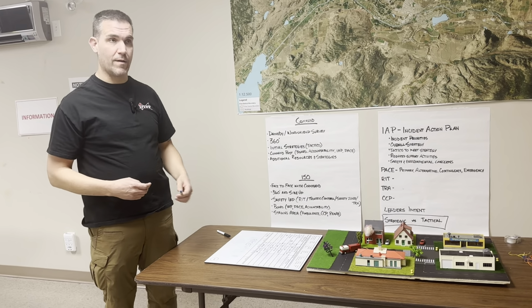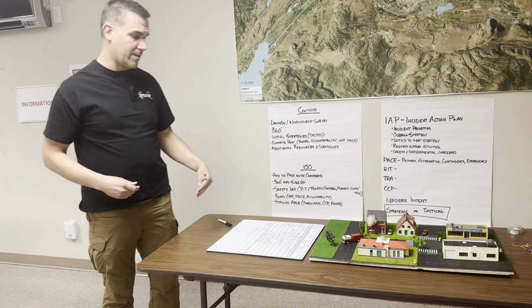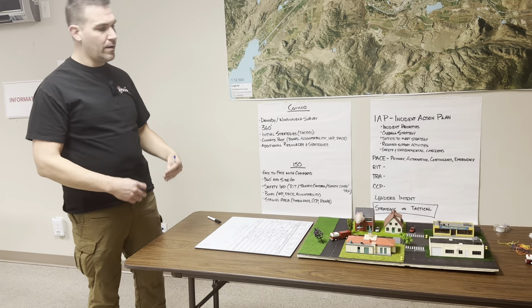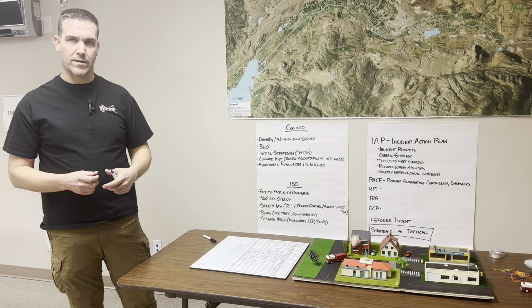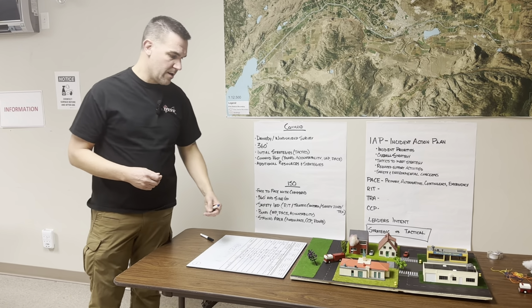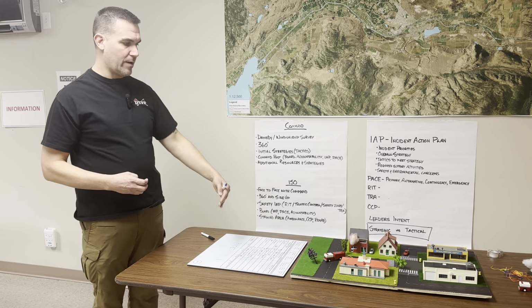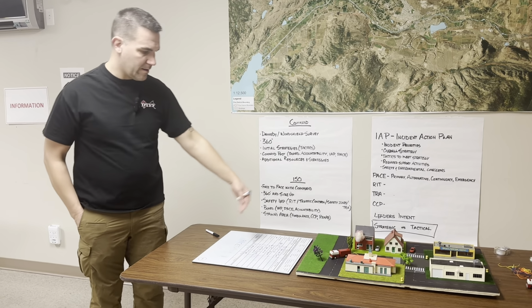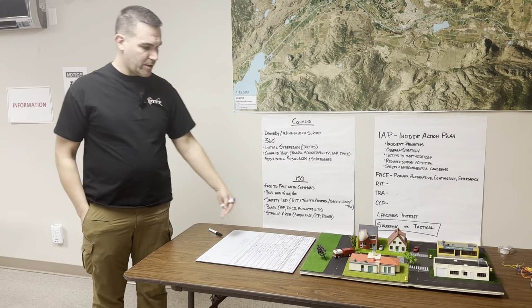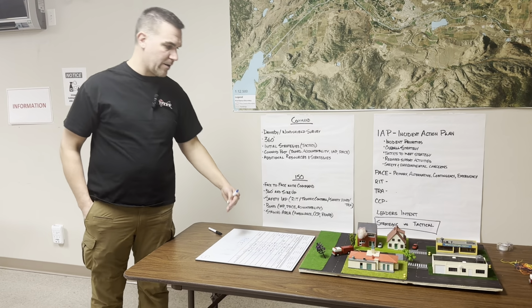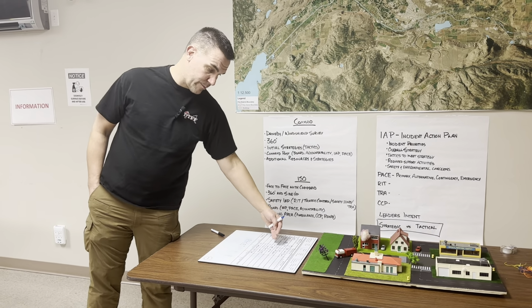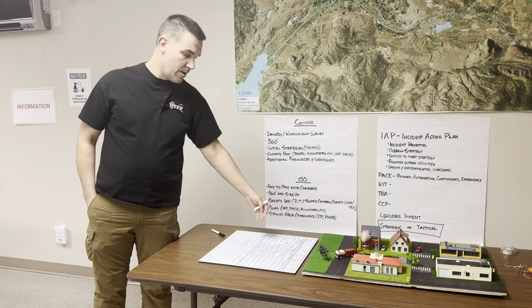So in a really short amount of time, and this could all be written down right away before even the second apparatus arrives, I'm having these contingency plans. If my primary doesn't work, I'm ready for the next section of my plan. So essentially, it's contingencies for everything. For this incident, primary is exterior water application and transitional. My trigger point is fire extension to other rooms. So I go to my alternate plan, which is interior attack and search.